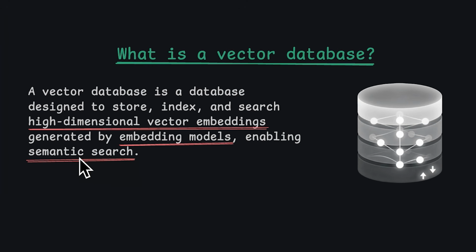And once we get past all these concepts, even deeper questions start to come up. For example, how do vector databases index these high-dimensional vector embeddings? Or how are we able to search through these high-dimensional vector embeddings so efficiently?